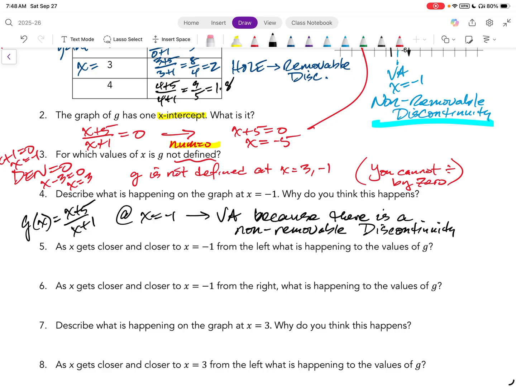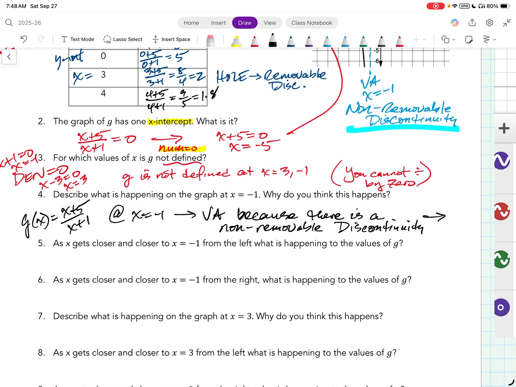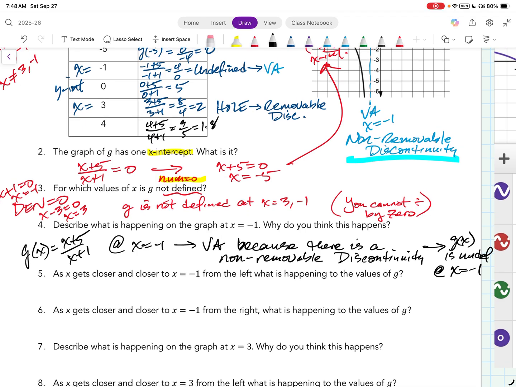The function's not defined at -1. You can't divide by 0. g of x is undefined at x equals -1. So I repeated what I said a few times, so hopefully you understand what's going on there.